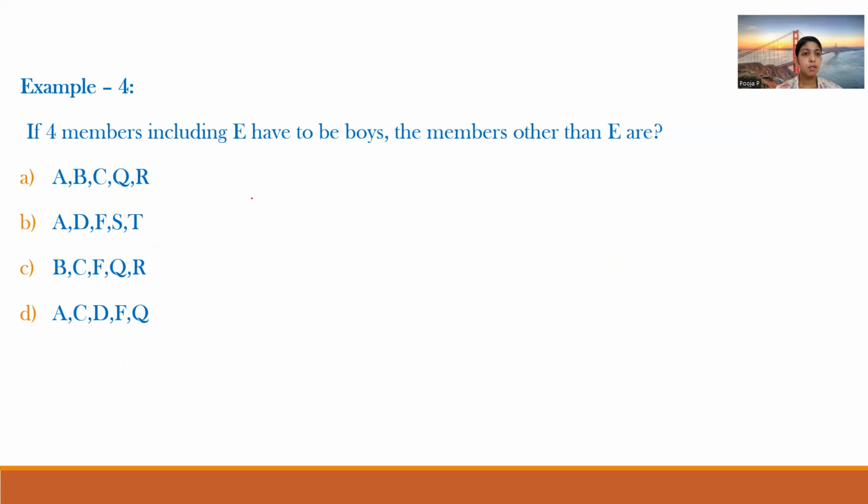So the next example: if 4 members including E have to be boys, the members other than E. Okay, so E has to be there and 4 boys again. So first boy, that is E, is done. So if E comes, it means B cannot come. It also means R will not come among the 6.